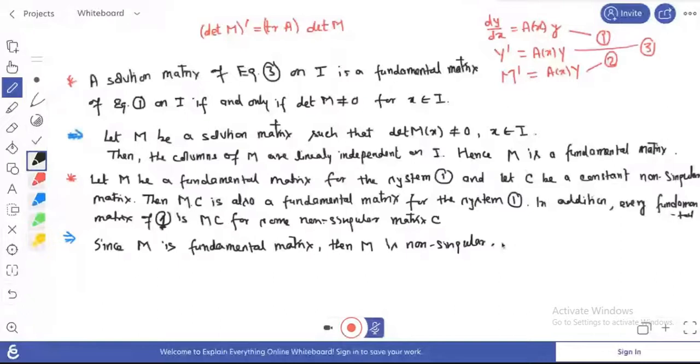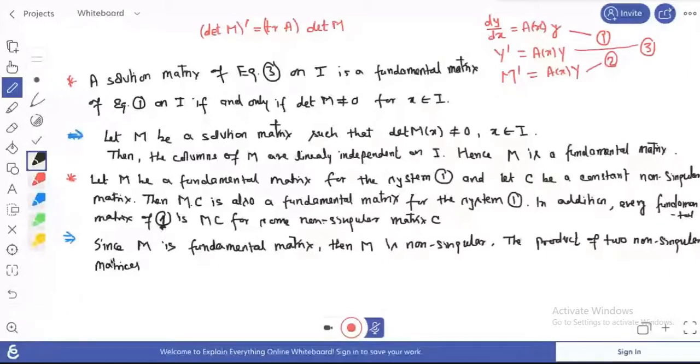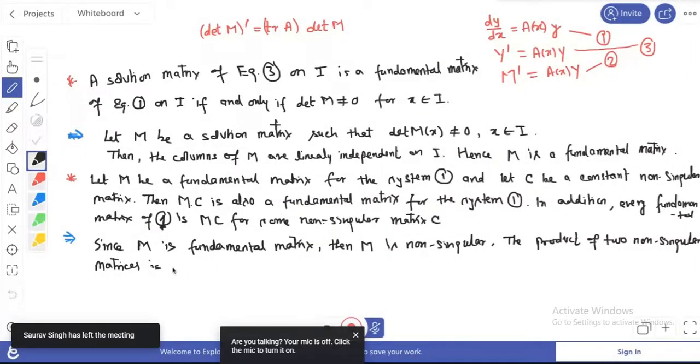Okay. So the product of two non-singular matrices is non-singular.